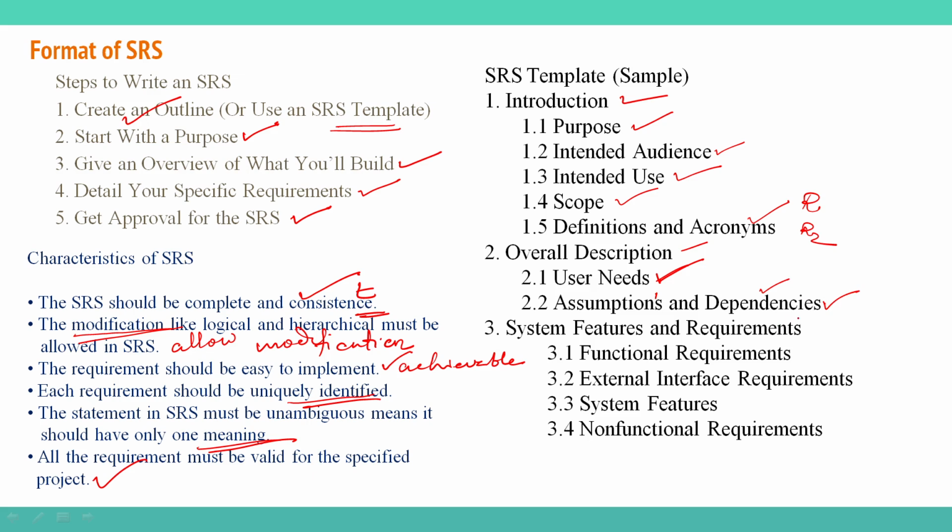And then come the features and requirements. You have to state functional requirements, then external requirements, external interface if anything is to be specified, the system features, then non-functional requirements, like that. This is a standard format. You can make changes accordingly when you write the SRS based on your project.